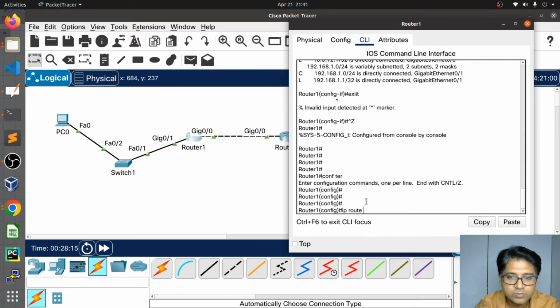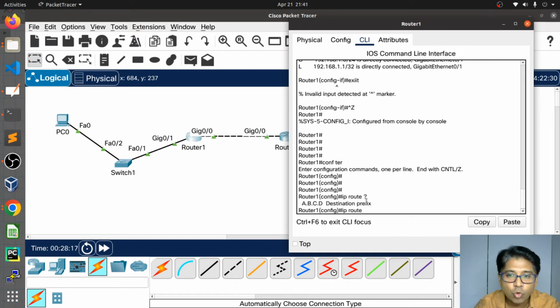IP route, then you type a question mark. If you don't know the syntax, type a space followed by a question mark. It asks where to reach, what subnet the destination belongs to. So 192.168.2.0 means the entire subnet I want to reach, and 255.255.255.0 is my subnet mask.